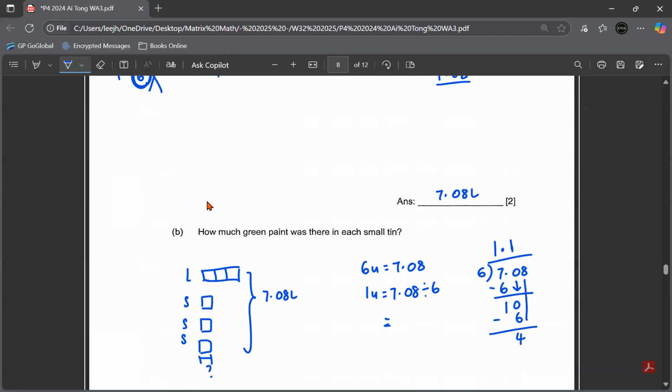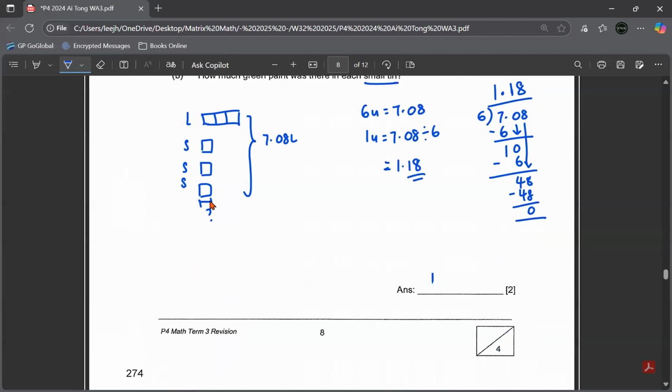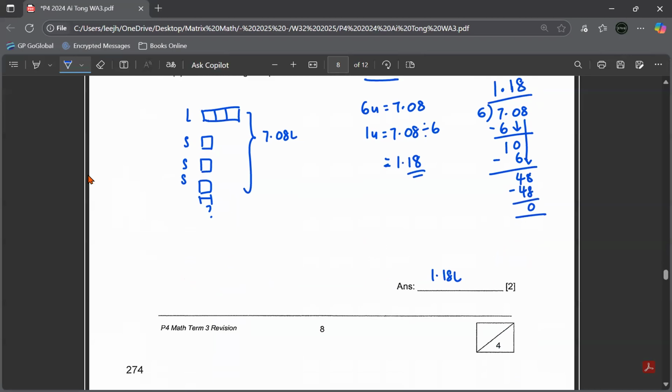Bring down the 8. 48 divided by 6 is 8. Answer is 1.18. I just want to find small. So your answer is just 1.18 liter. Okay, good. Now move on to question number 14.